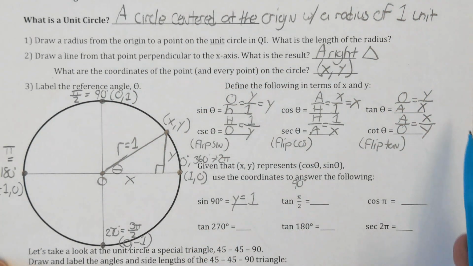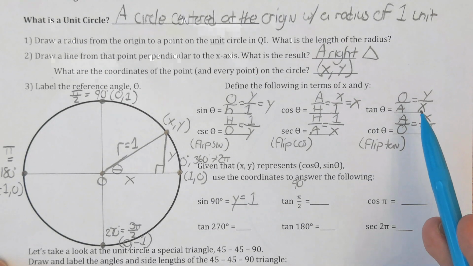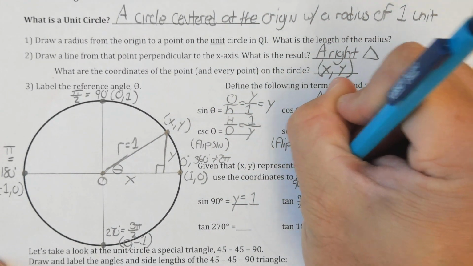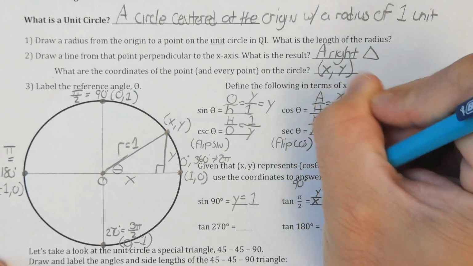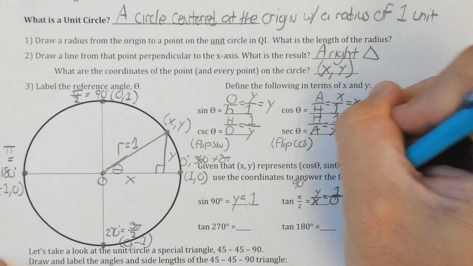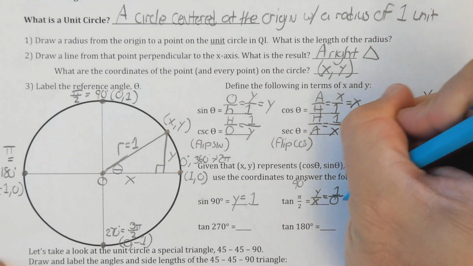And now what is tangent equal to? Tangent is equal to y over x. So we're going to write it as y over x because that's our rule. And now what's the y value of the ordered pair? It's 1 over x, which is equal to 0 in that ordered pair.